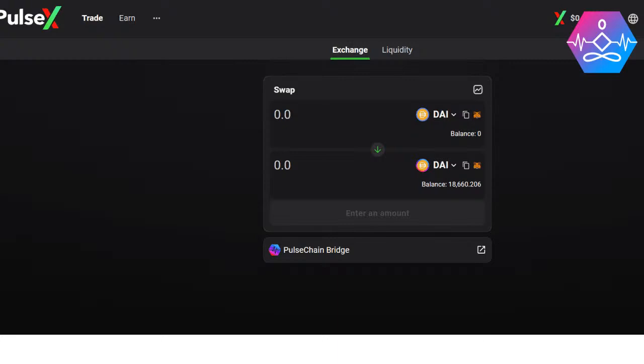Because of the nomenclature on Pulse, it's sometimes very confusing about what you're actually dealing with, because one is actually valued at a dollar, and one is not. It is considerably lower. And people can get very confused about this. So it's quite important that you understand that there is a major distinction about what you're dealing with.